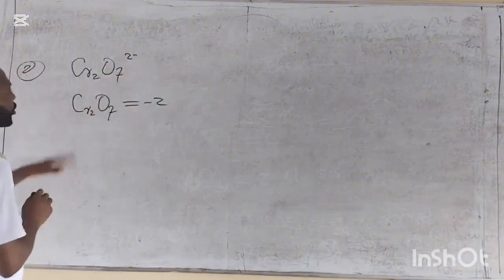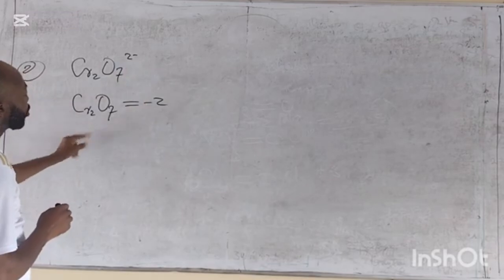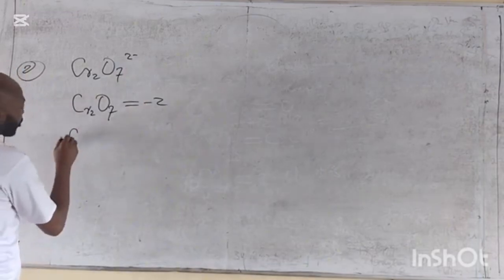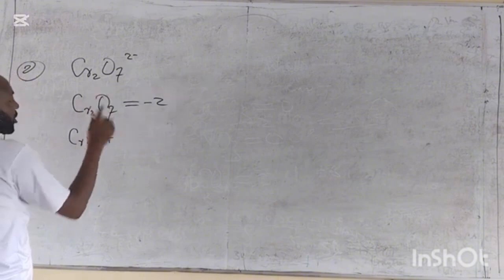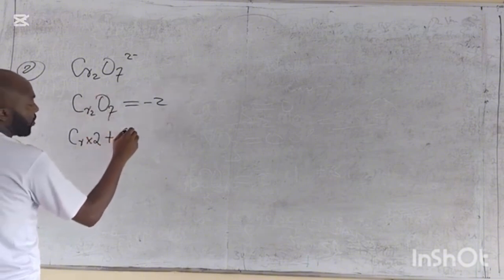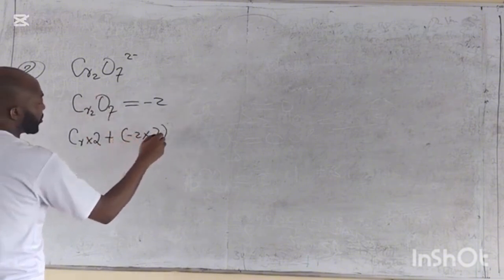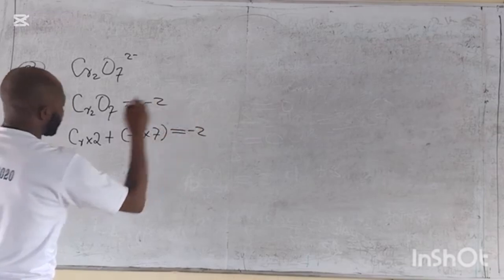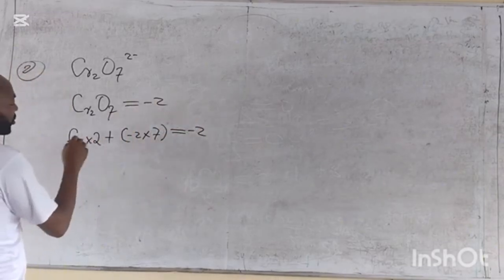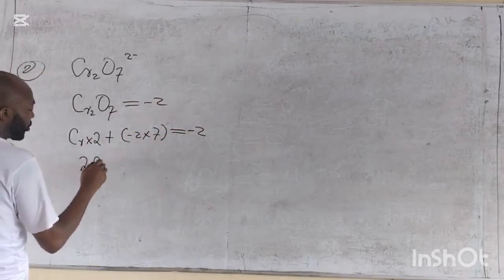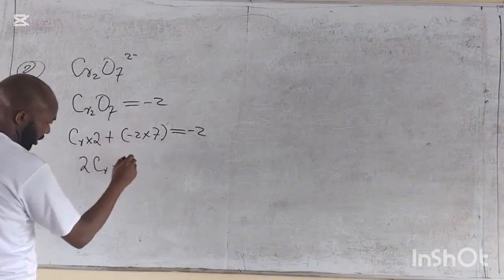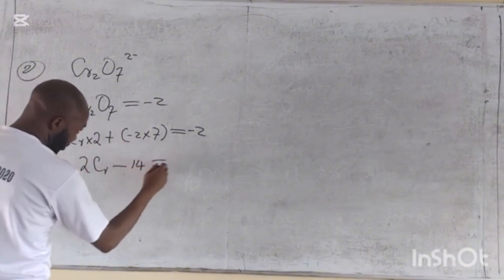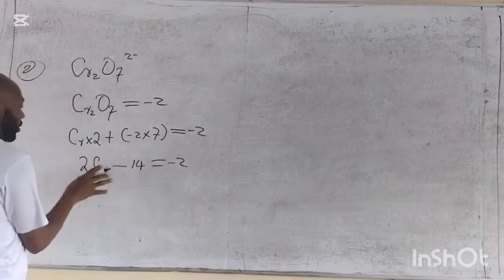Now we're looking for chromium, but I have 2 attached to it, so this becomes chromium times 2, plus oxygen, which is always minus 2, times 7. This is equal to minus 2. Chromium times 2 is 2 chromium. Plus times minus is minus. 2 times 7 is 14. I want to make this the subject.